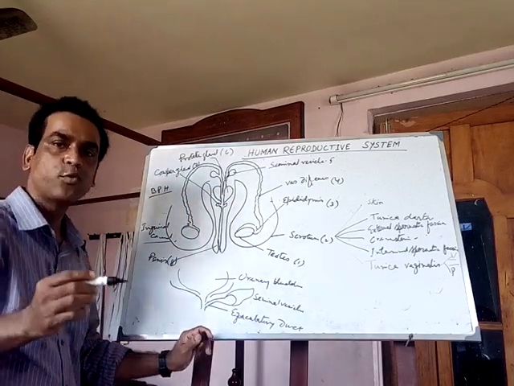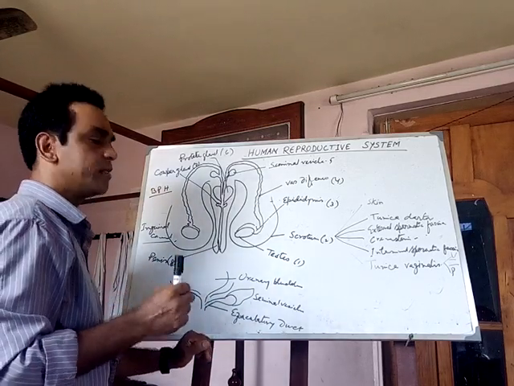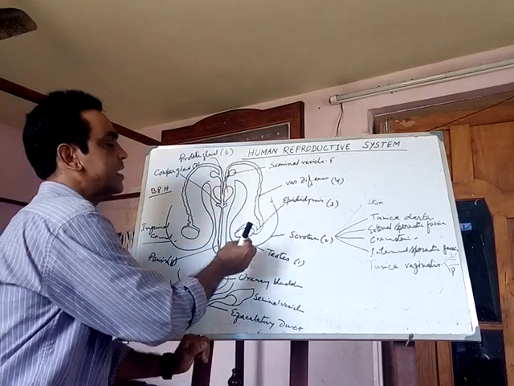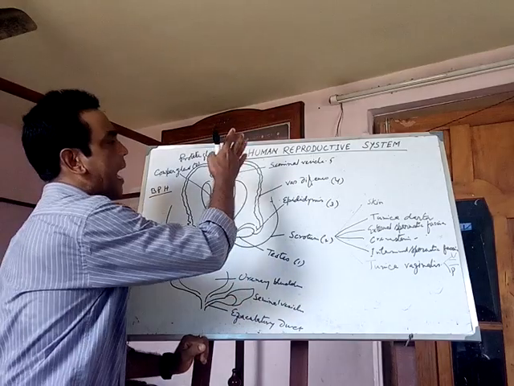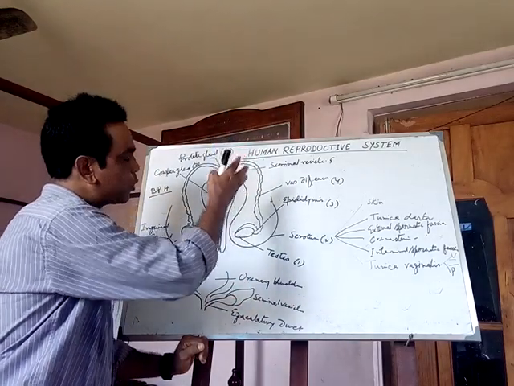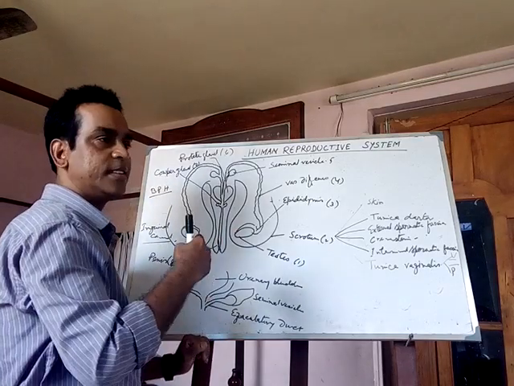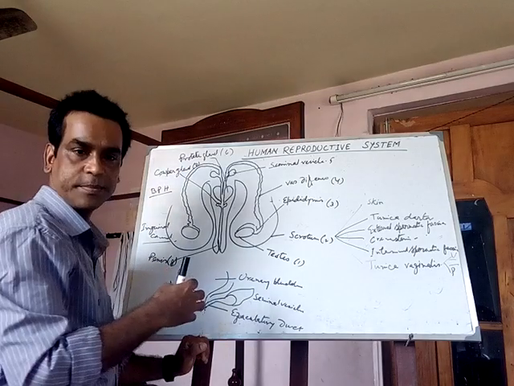Second, cryptorchidism. Cryptorchidism is one of the peculiar diseases of the male sexual organ, when the testes cannot move from the lower abdomen to the scrotal sac.